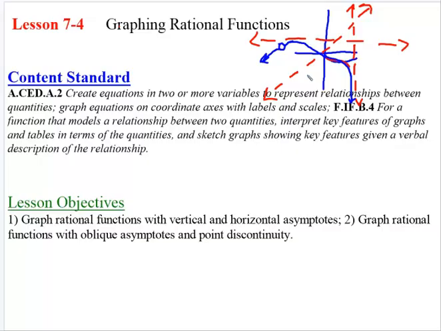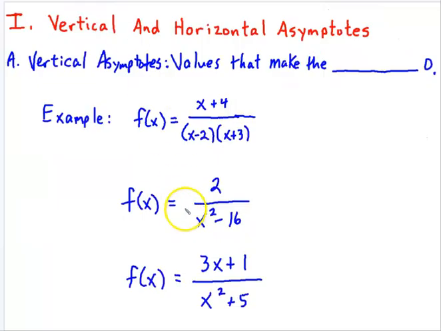So we know basically where we can't graph. And then we'll be able to actually come up with the graph that will be around any vertical asymptotes, horizontal asymptotes, oblique asymptotes, and then holes. So kind of a preview of where we're going. There's a lot here. For that reason, we're going to take 2 days on this. We'll get through our notes today. We'll get through some practicing today, and then we'll do some more practicing tomorrow. So let's get right to it.